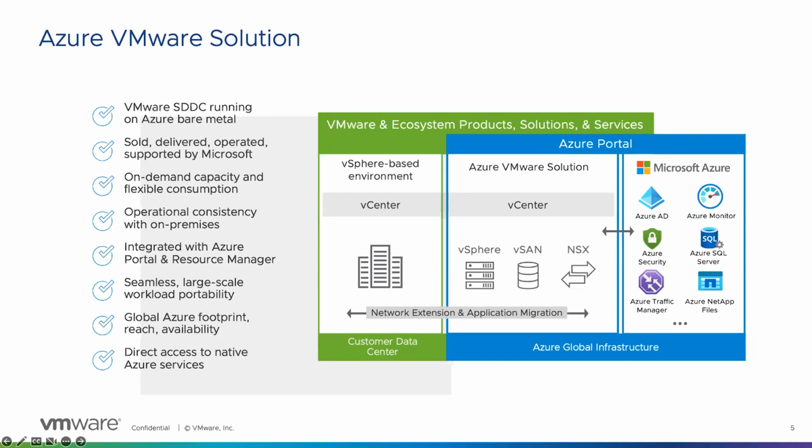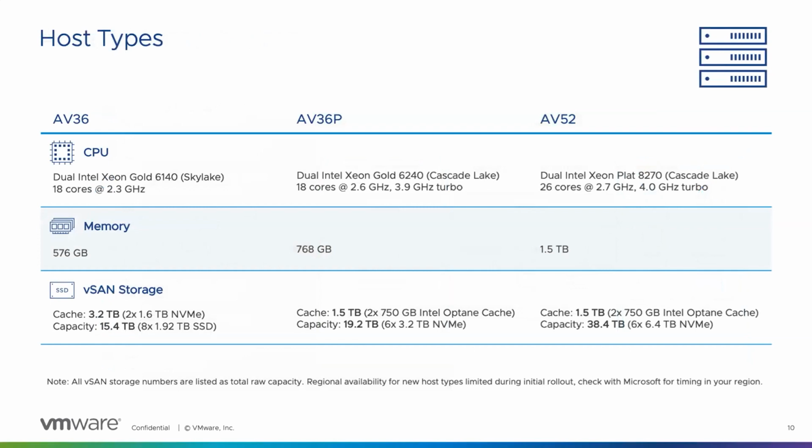So now let's really look at what comes with AVS. We refer to our hosts as nodes. We have three different node types with AVS: AV36, AV36P, and AV52. The way we determine the best match for your organization is we usually run RVTools or LiveOptics to make sure that you get the correct memory, storage, and CPU for your organization.